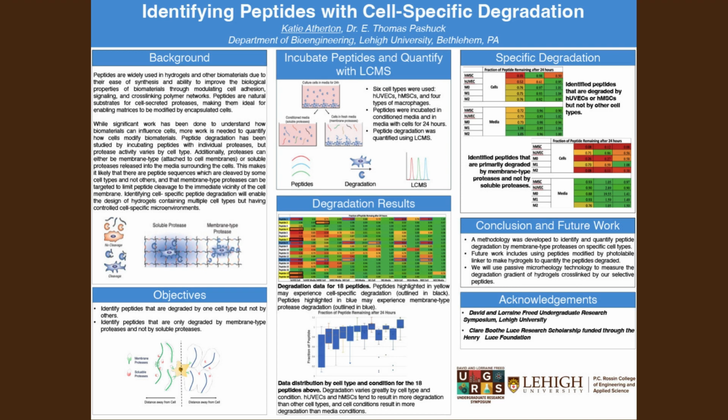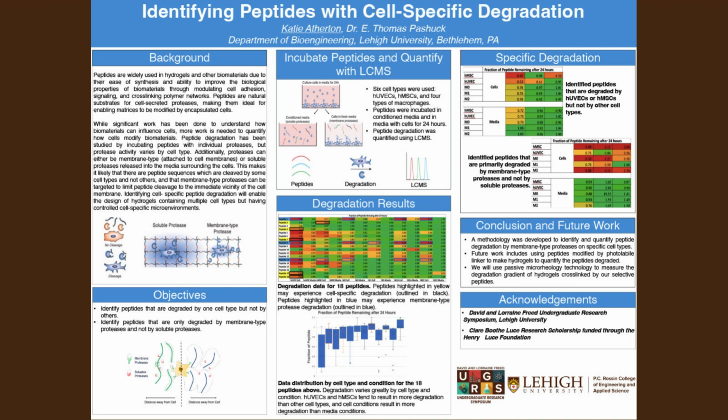So we speculated that there were peptide sequences that are cleaved only by some cell types and not by other cell types, and that we can use membrane-type proteases to limit peptide degradation to the area immediately surrounding the cell. So identifying this cell-specific and membrane-specific peptide degradation will help enable the design of hydrogels containing multiple cell types, but having controlled cell-specific environments.